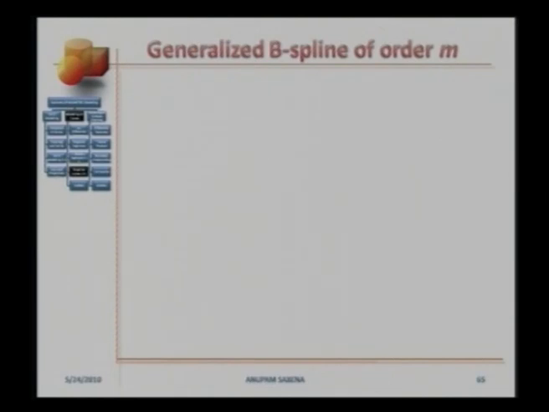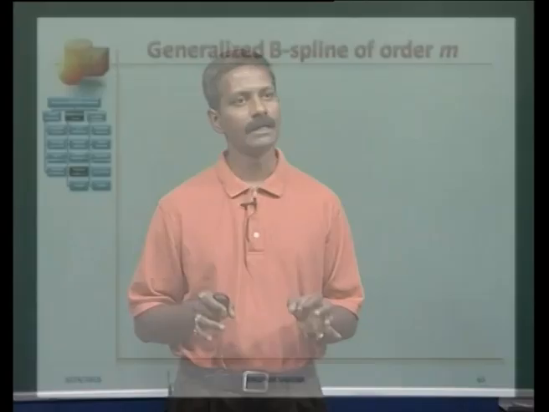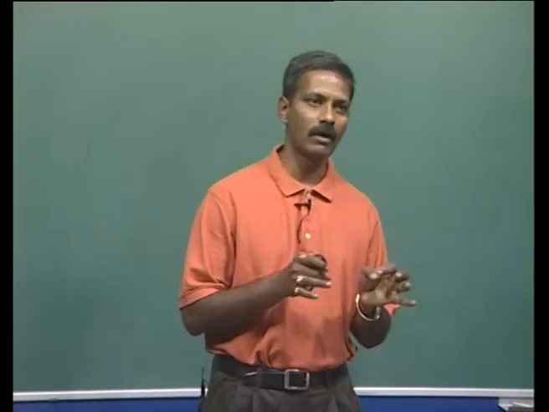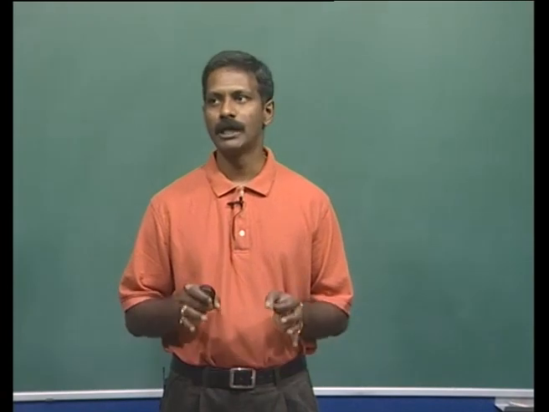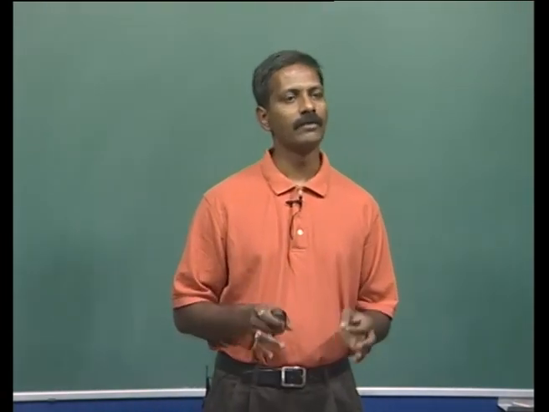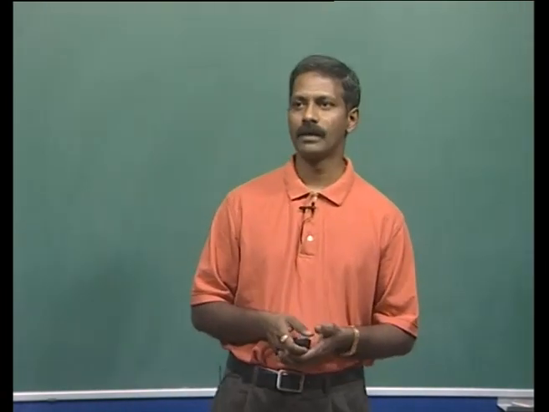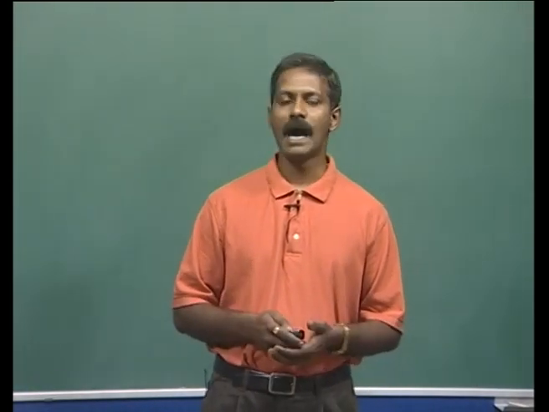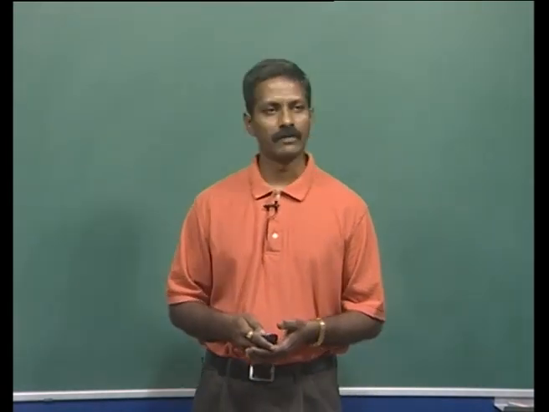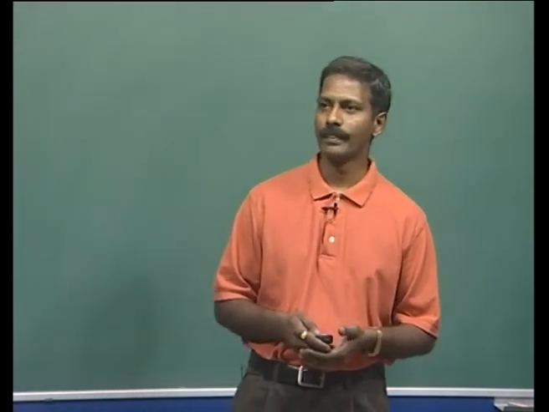Throughout the time when we were discussing B-spline curves or segments or basis functions, I have been laying importance to the sketching of those corresponding curves. Let me summarize how I sketch a generalized B-spline curve of order m.